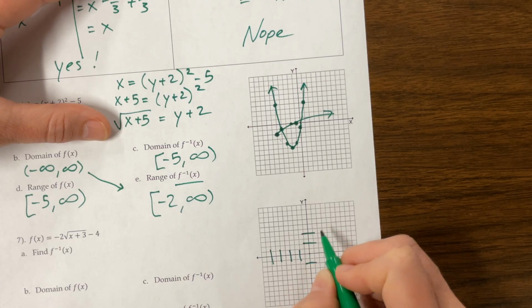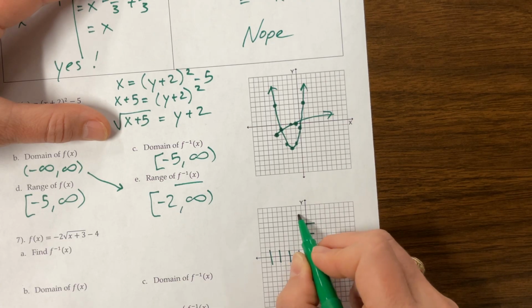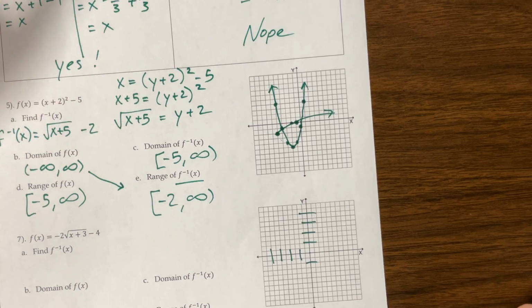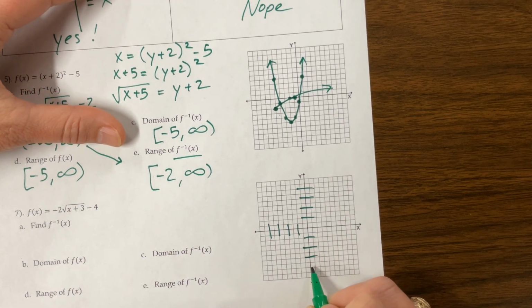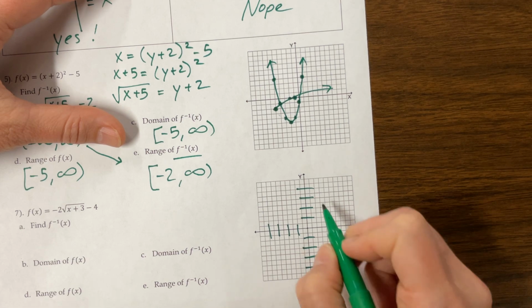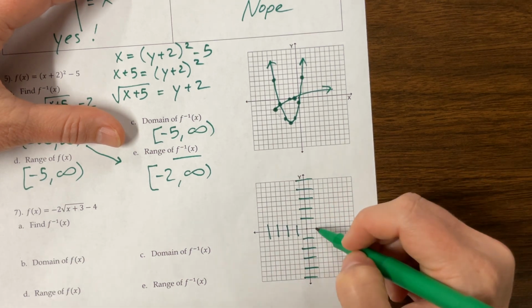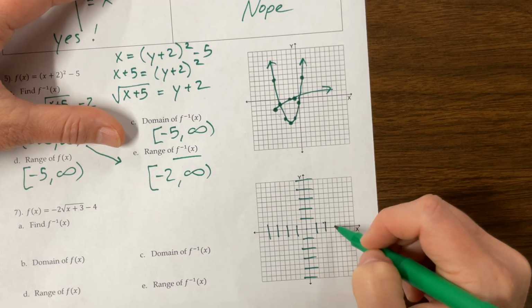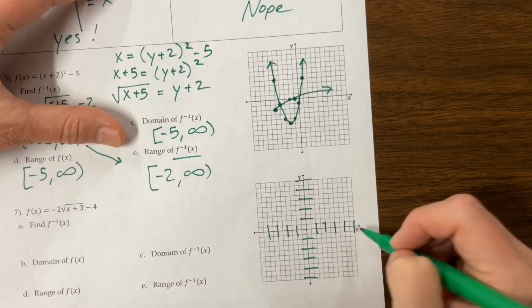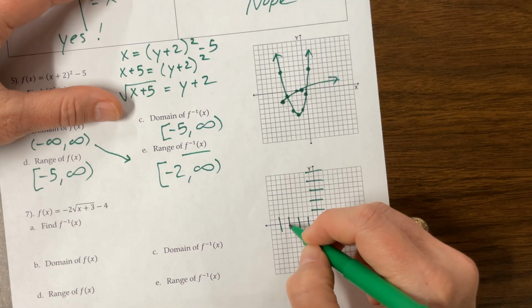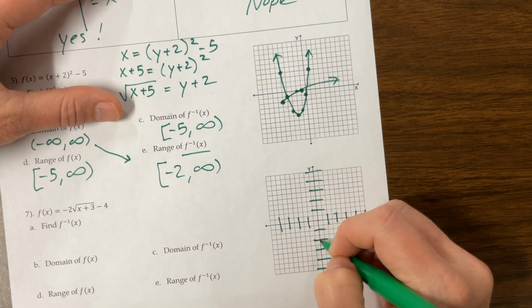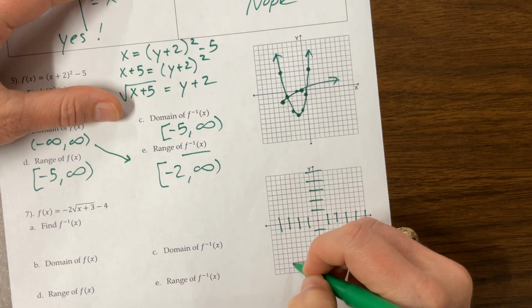Negative 1, positive 1, positive 2, positive 3, positive 4. I'm just going to scale this out a little bit. I haven't worked this problem yet. This might be a bad decision. We're about to find out. Okay, so these are the values that we care about. These are the whole numbers. Okay, so I'm going to shift left 3, 1, 2, 3, and down 4. 1, 2, 3, 4. I think I'm here.